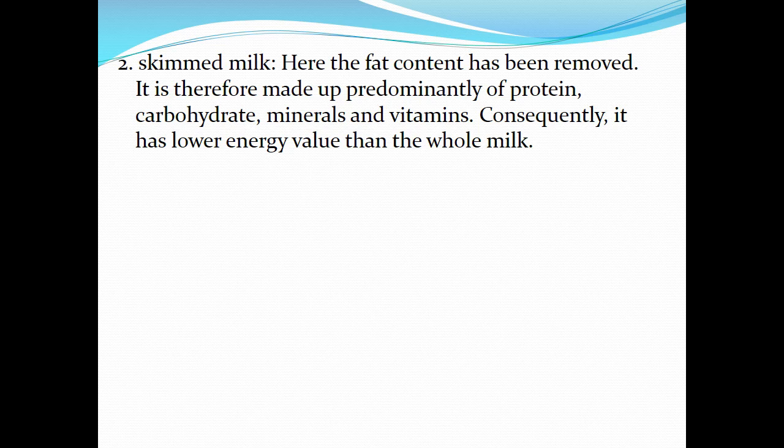Consequently, it has lower energy value than that of whole milk. This type of milk is good for overweight people that are trying to reduce the weight in their bodies. So they should go for skim milk.